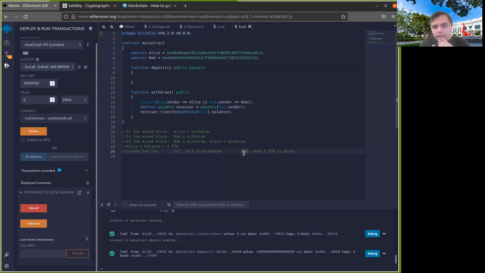And what I can do here is put the address of one of the big mining pools, for example, or someone that I'm sure will be the miner for the next block.